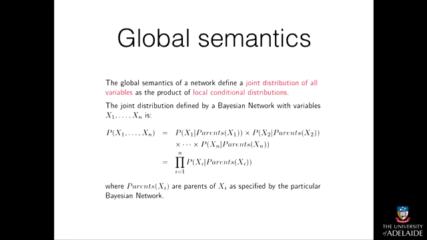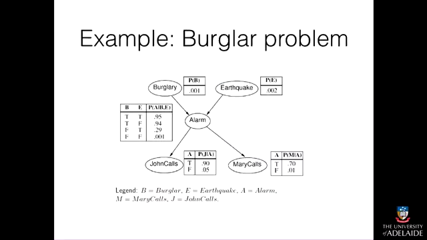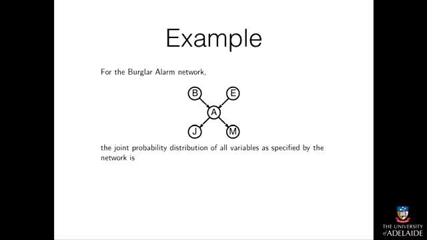To find the parents of a node, we can use the structure of the Bayesian network. For example, what is the parent of Mary calls? It's just alarm. You can easily read this from the structure of your Bayesian network. Now let's have a look at an example here. We have a burglar alarm network like this.